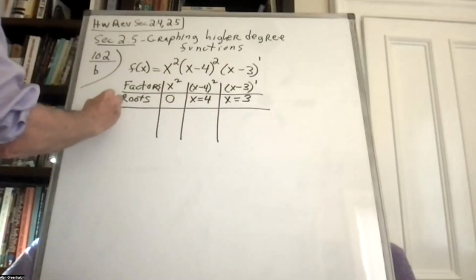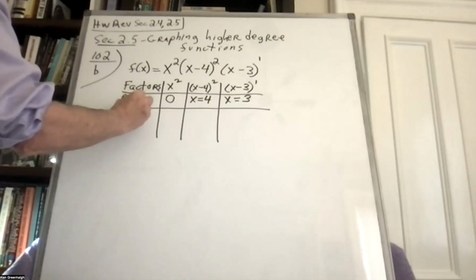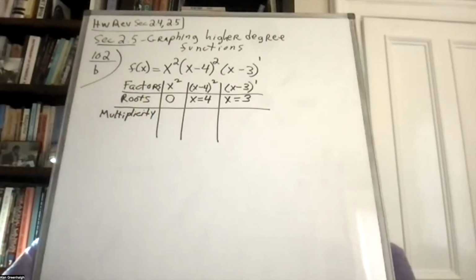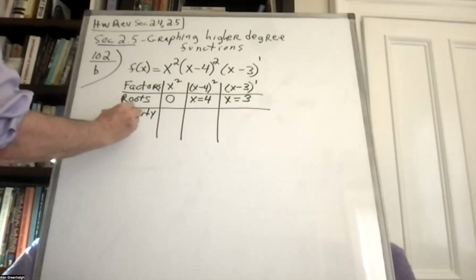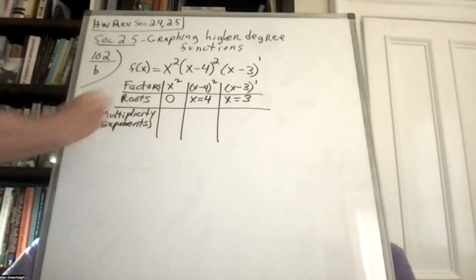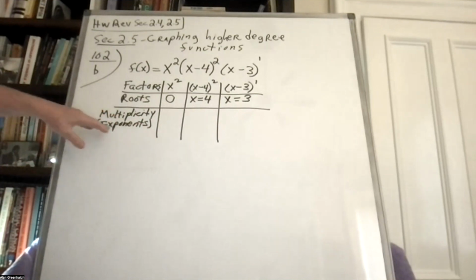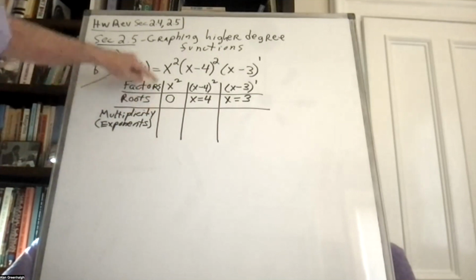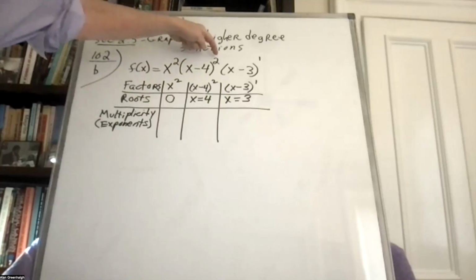Then we introduce something called the multiplicity. All the multiplicity is, in English, is the exponents. But mathematicians like to give things fancy names, so they called the exponents the multiplicity. In other words, the multiplicity is simply what the exponents are.